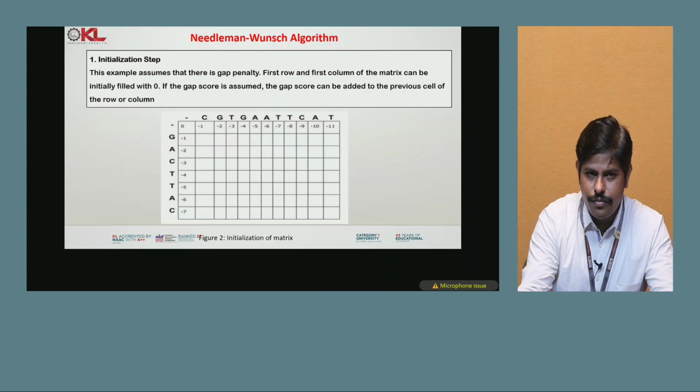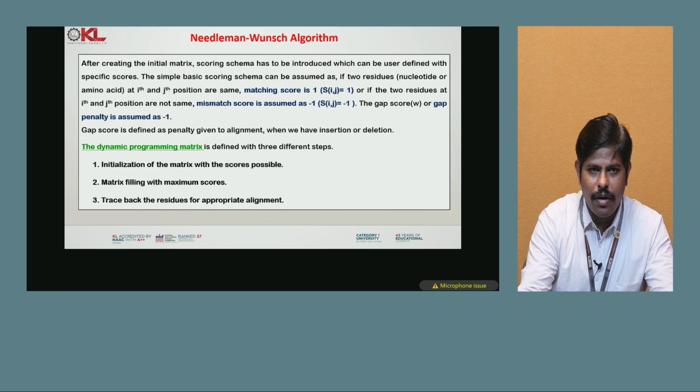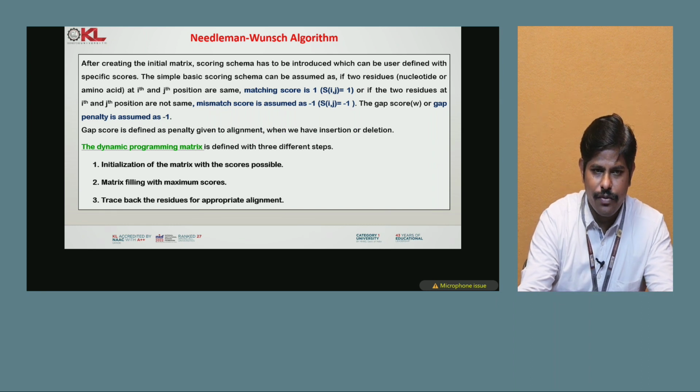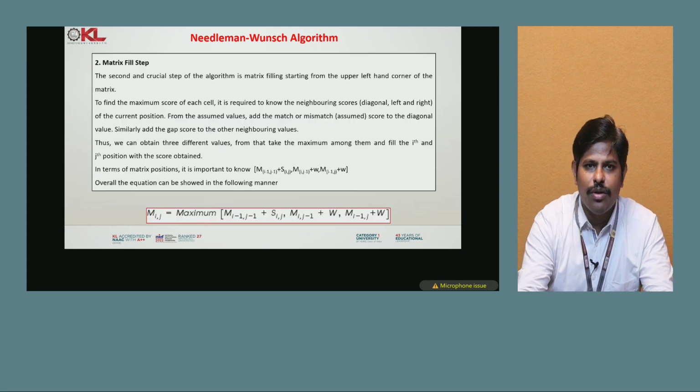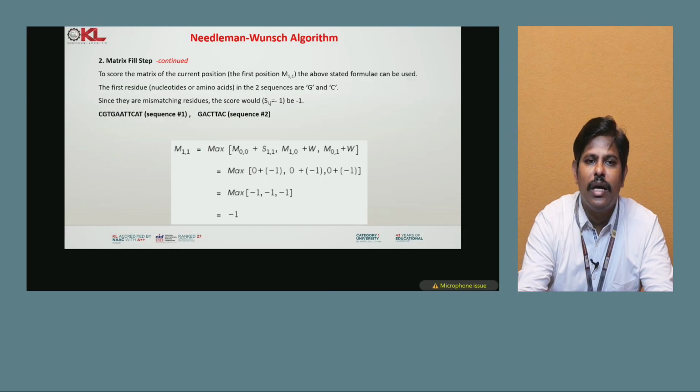Here you can see initialization of the matrix with the possible scores, matrix filling with maximal scores, and trace back of the residues. You can pick up the Needleman-Wunsch algorithm by simply practicing 2 to 3 simple alignment problems.